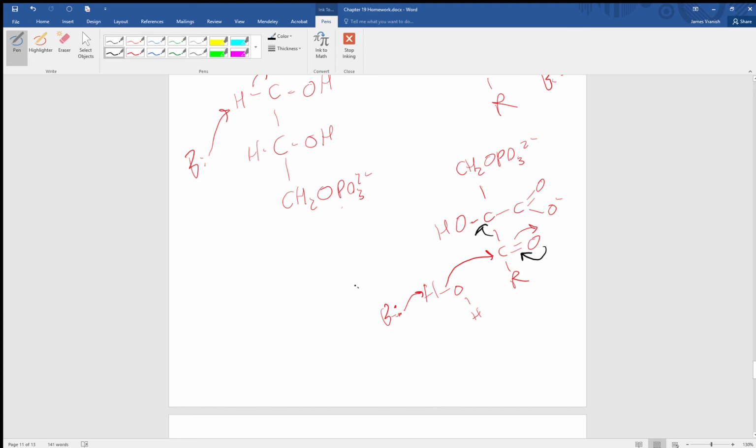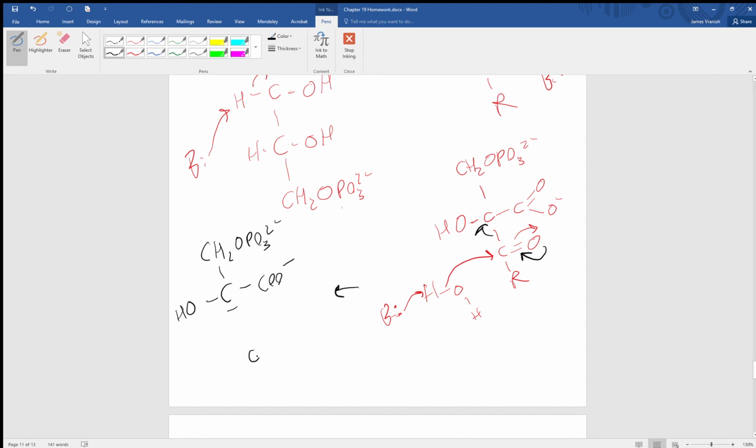What do we have now at this stage? The top portion of our molecule is a carbanion. This carbanion is somewhat stabilized by resonance. It's not a very good resonance structure, but there is some resonance stabilization to it.